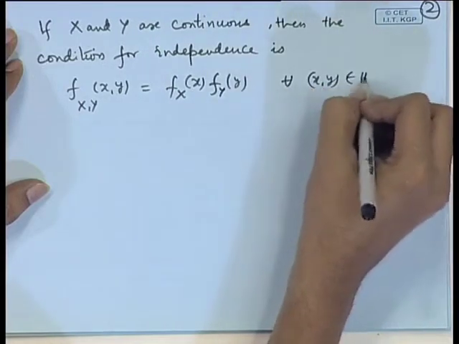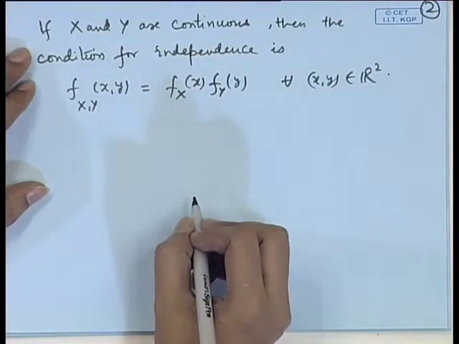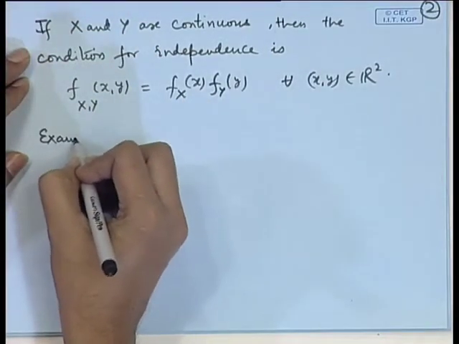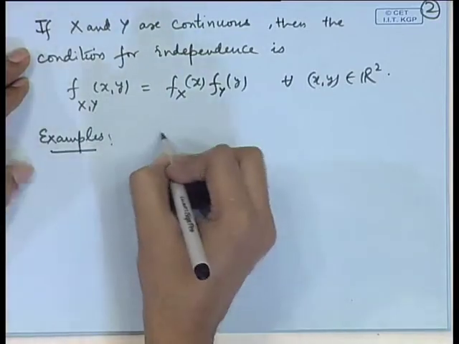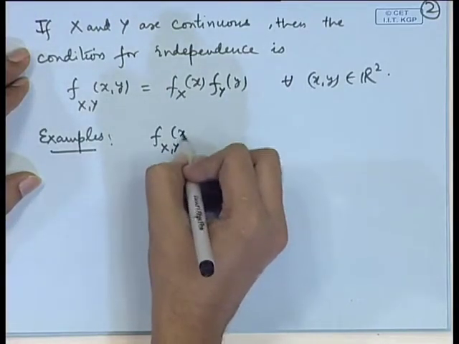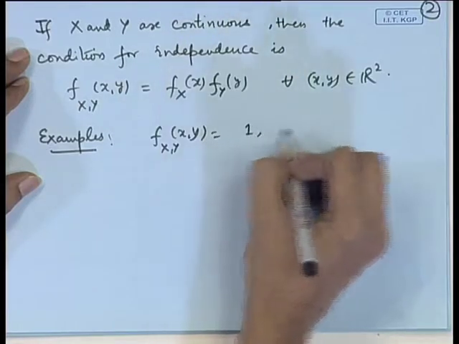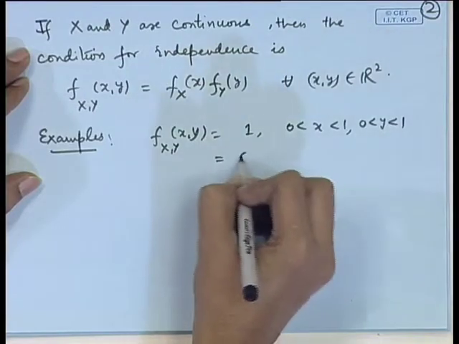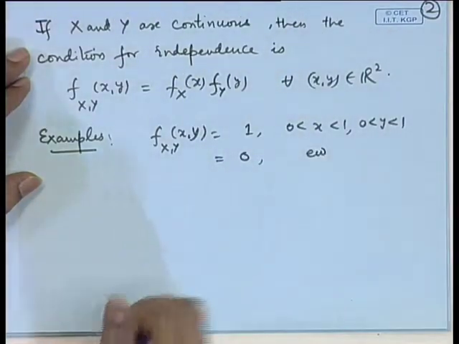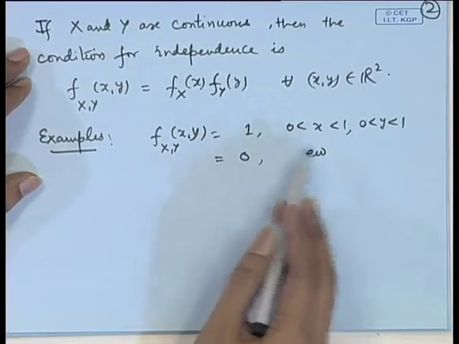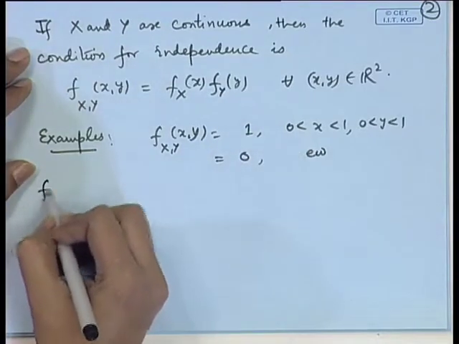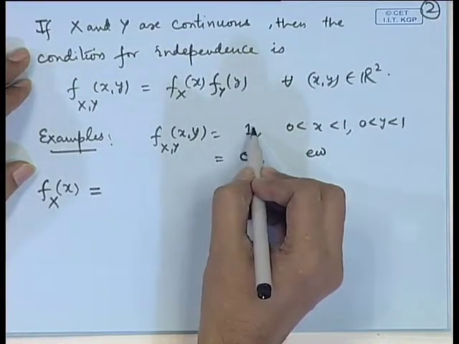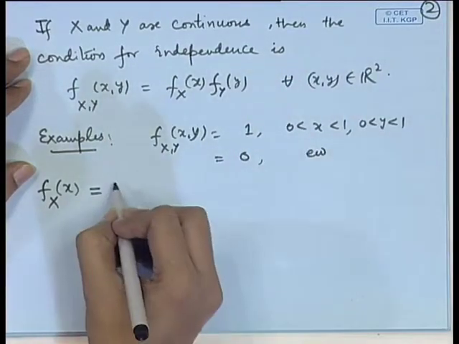Let us take some examples. Let f(x, y) be equal to 1 for 0 less than x less than 1, 0 less than y less than 1, and 0 elsewhere. Now, this is a jointly distributed continuous random variable. Let us consider f_X(x). We will be integrating with respect to y from 0 to 1, so we get 1.